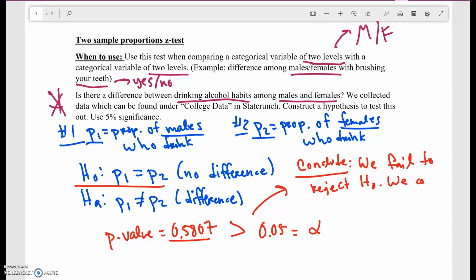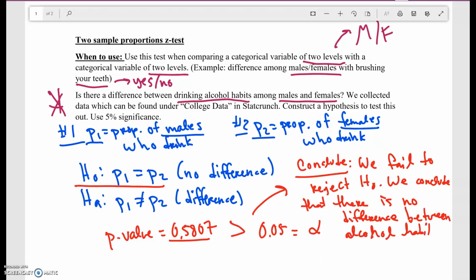We conclude that there is no difference between alcohol habits and gender. Okay, so our data indicates that there is no difference between the two different populations.